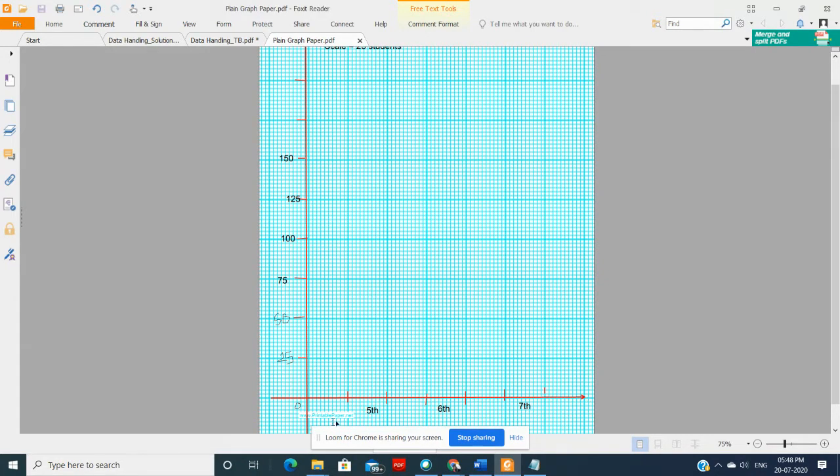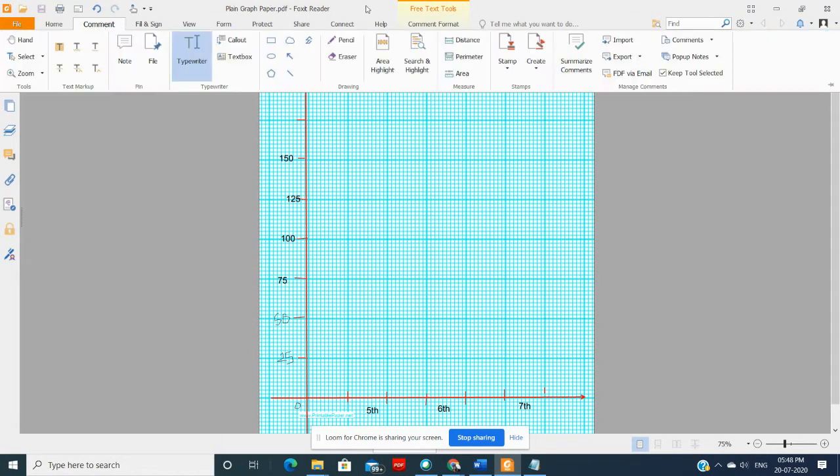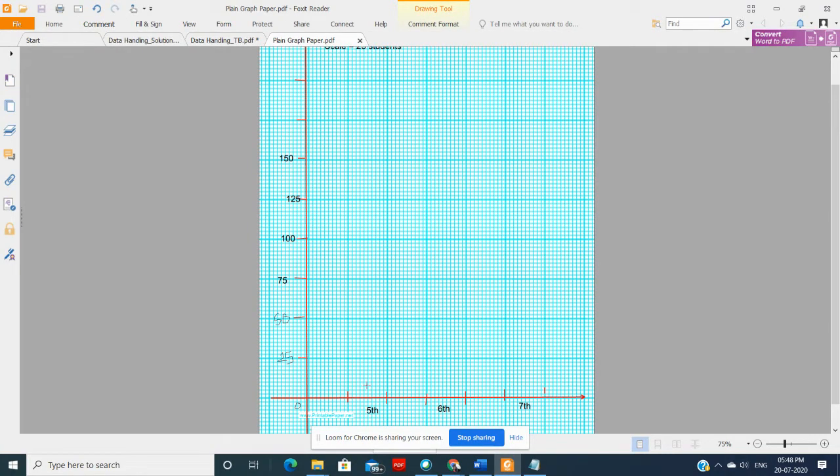See, this is how you need to do. You leave one box of gap, and another box you leave, and so on. So this is how you continue.